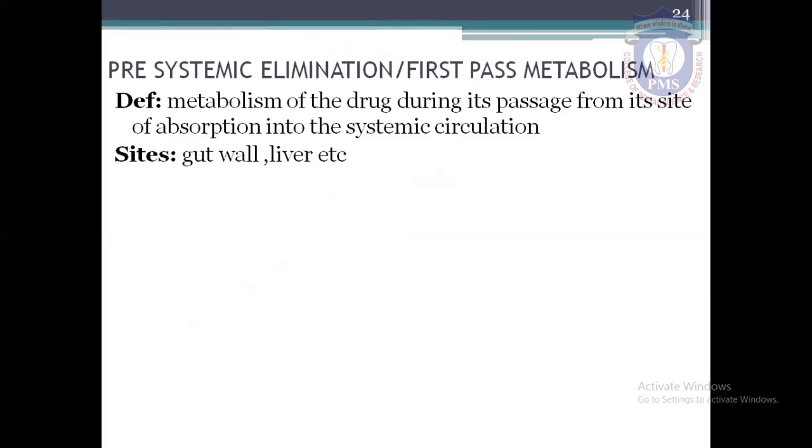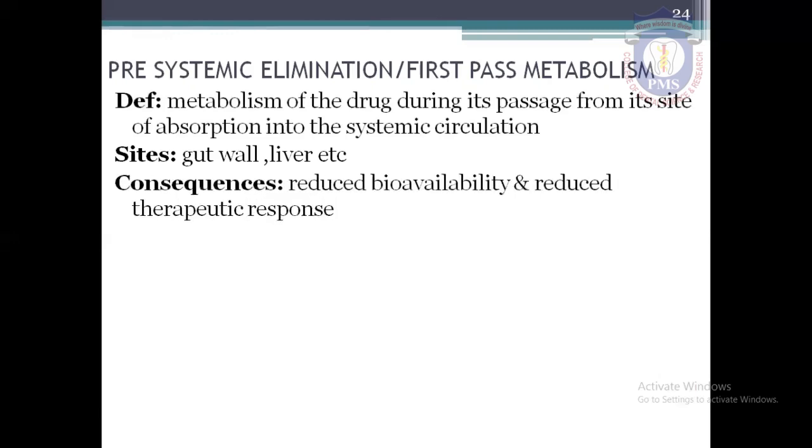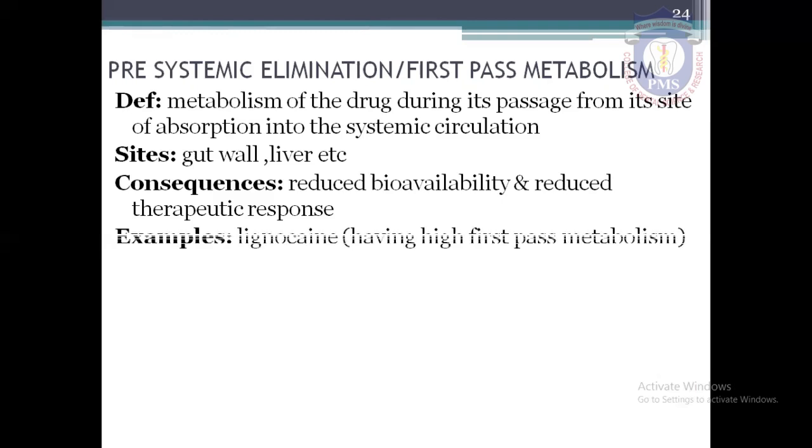The major sites involved are the gut wall and liver. Consequences of pre-systemic elimination or first pass metabolism: there is reduced bioavailability and reduced therapeutic response. An example is lidocaine, a local anesthetic having high first pass metabolism.